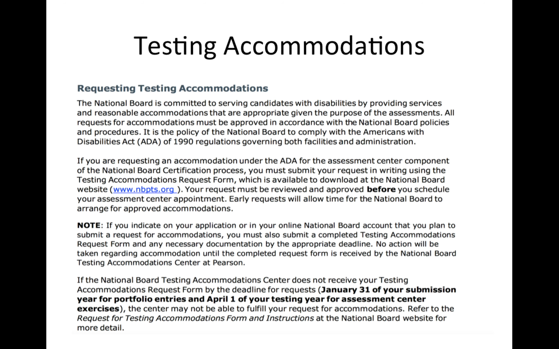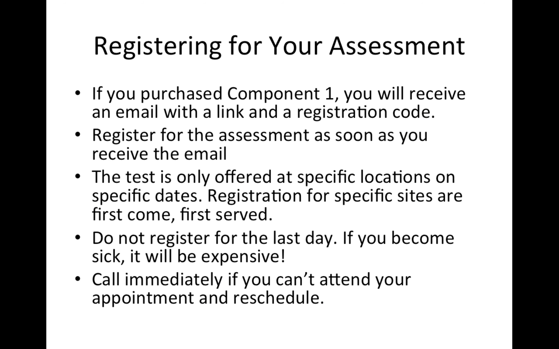So make sure you get those testing accommodations in. Registering for your assessment. If you purchase Component 1, and as we talked about earlier, any component you register for in this cycle year has to be fully paid for by February the 28th. That includes Component 1.